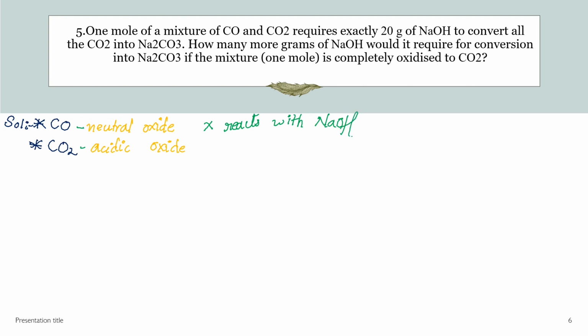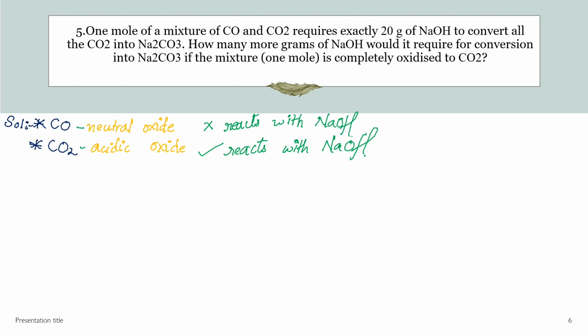Very easy to understand. But CO2, as it is an acidic oxide, does react with NaOH, right? So now we have understood that CO won't react with NaOH and only CO2 will be reacting with NaOH. So let's write the equation for that.